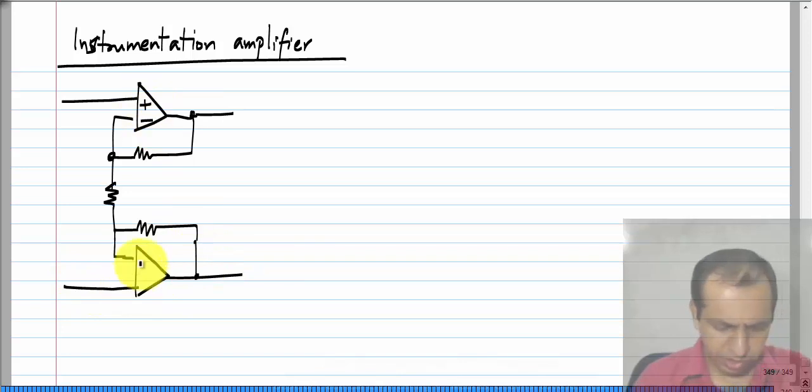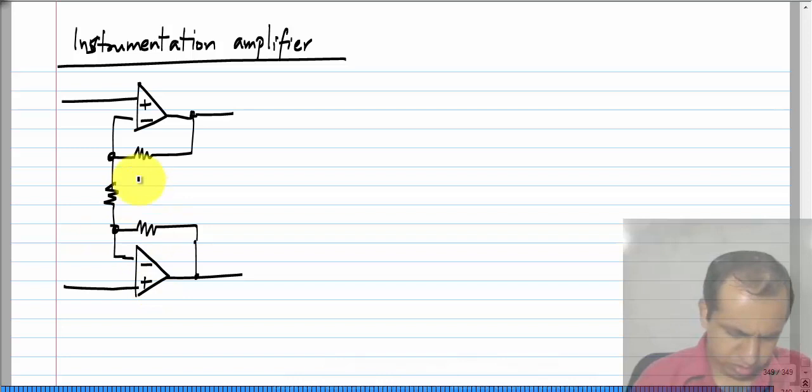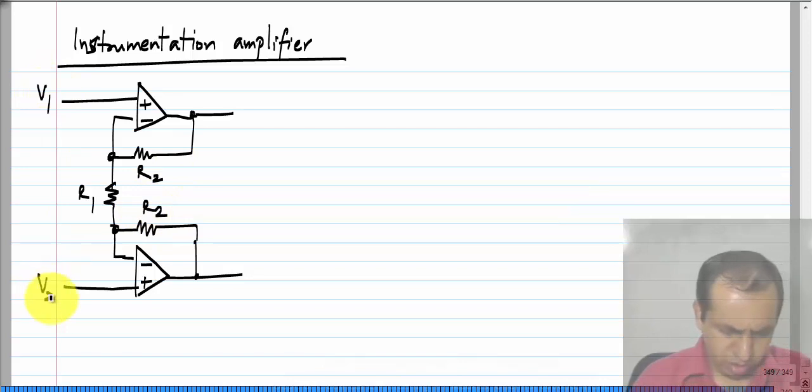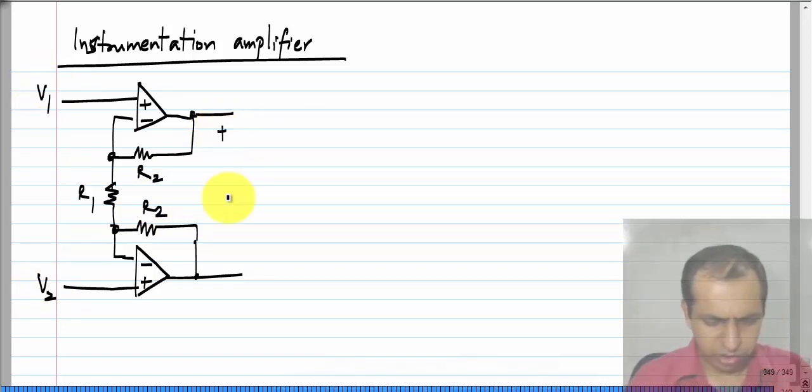This is the instrumentation amplifier. The inputs are V1 and V2 as we have seen.